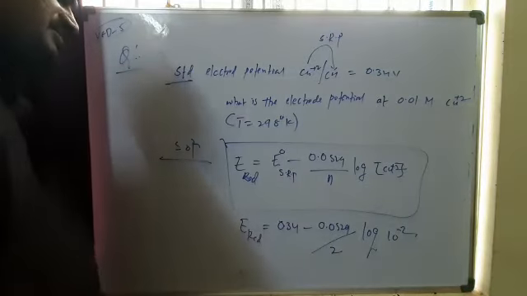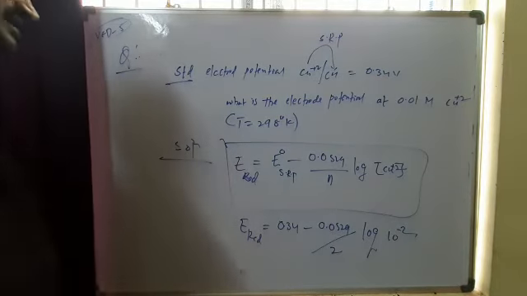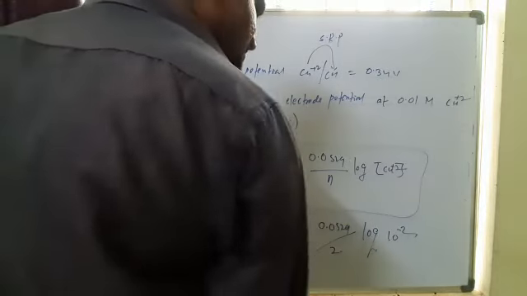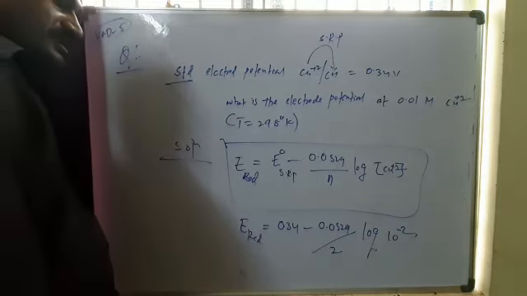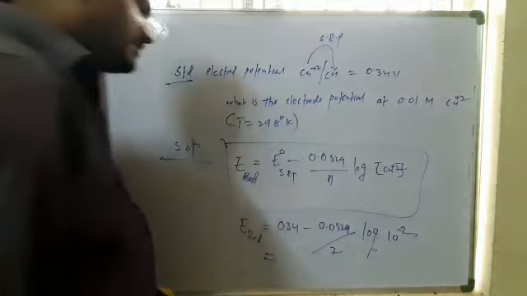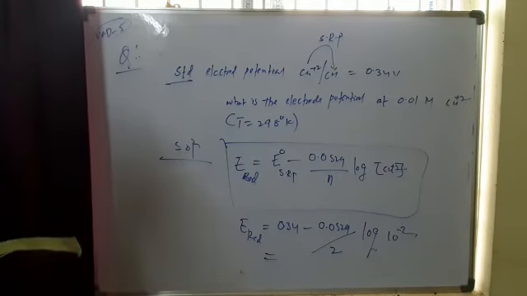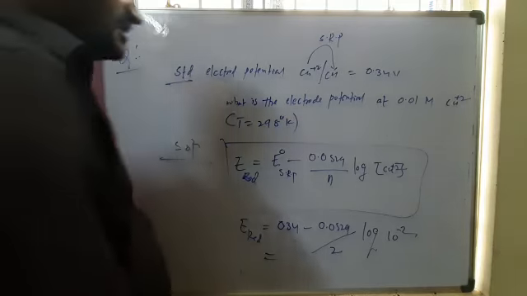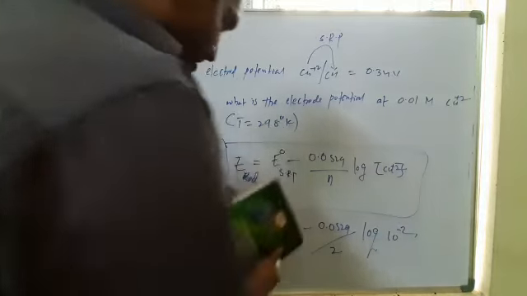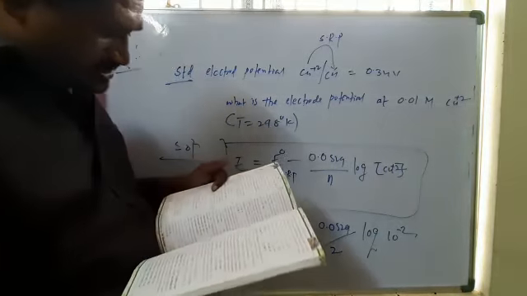So if you simplify this, you will get the answer here. 2 will be cancelled. Now we will get the value, that is nearly 0.281. So 0.34 minus, and you will get that value, 0.281.